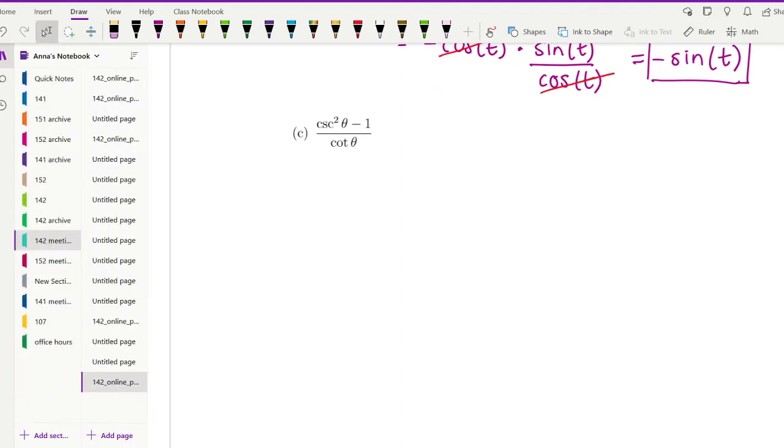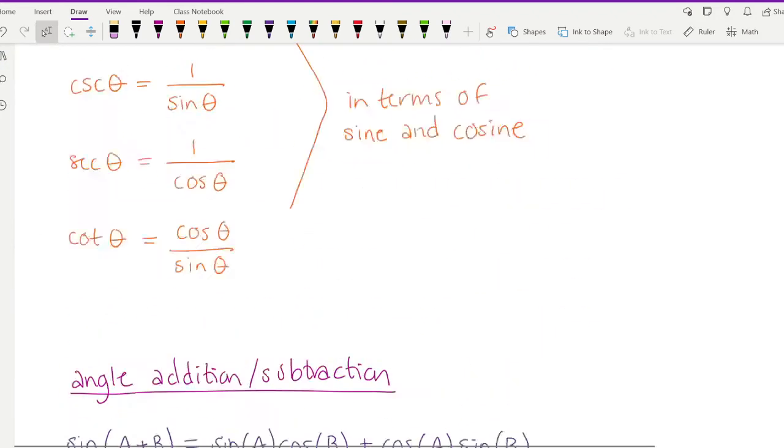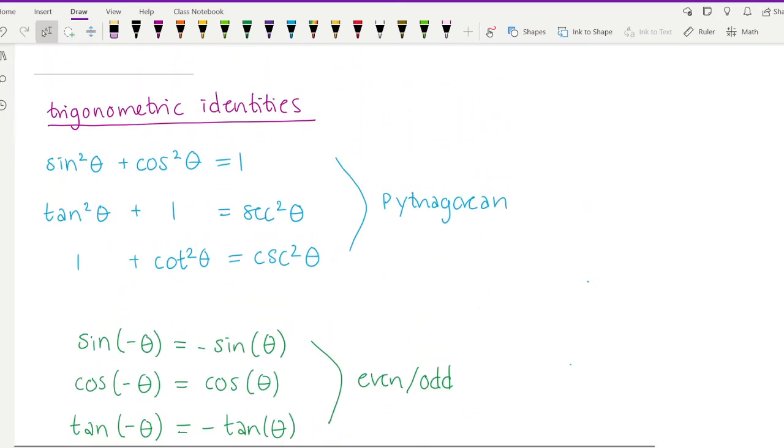I would always recommend, at the beginning of every test or quiz, writing out all of these different ones. You can write down sine squared plus cosine squared is equal to 1, as we talked about at the beginning of the video. Then you can just derive the other ones from that.